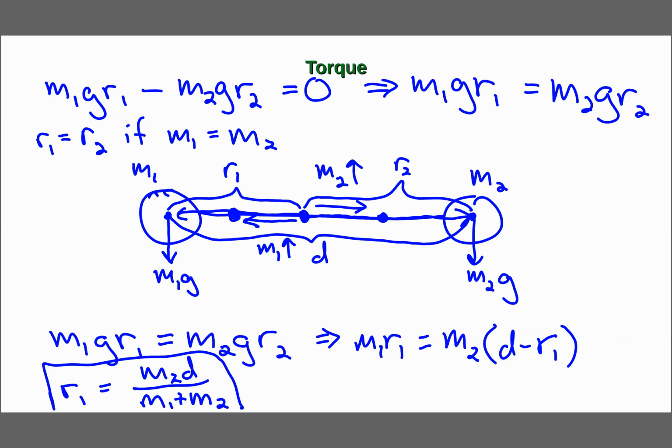And this makes intuitive sense to us. And it makes intuitive sense because we see it in the world all the time, okay? We're exposed to it all the time. So if we want to make something balance, we need to find an axis of rotation that puts equal torque on either side of that axis. And the location of that axis is going to be closer to the side with more mass, okay?